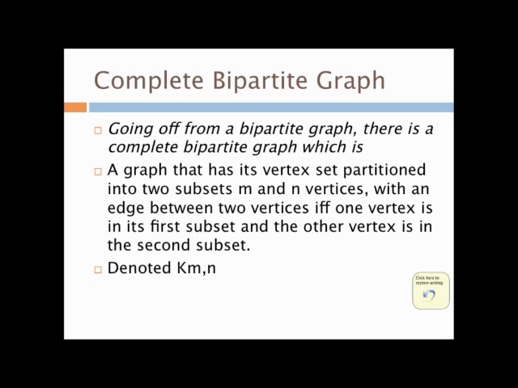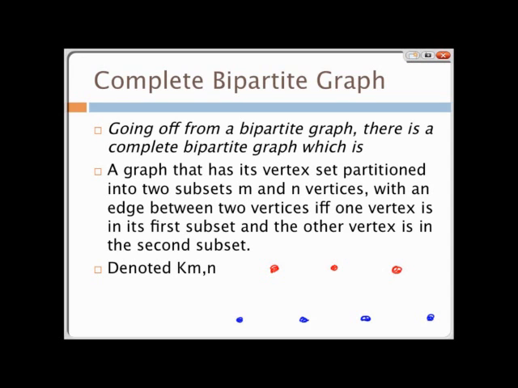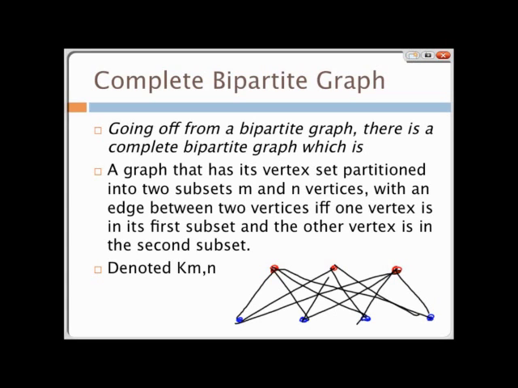This is denoted as K sub m,n. Here's an example of what that would look like. This would be denoted as K sub 3,4.